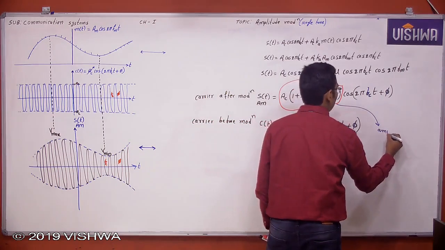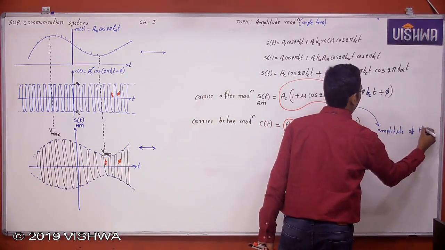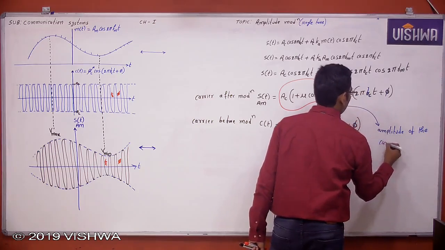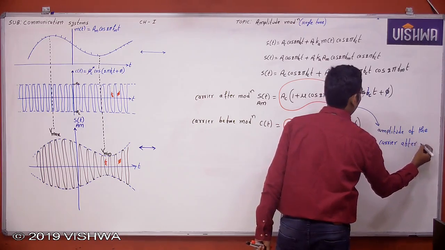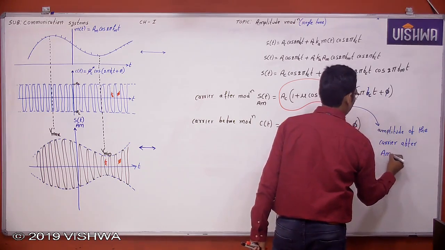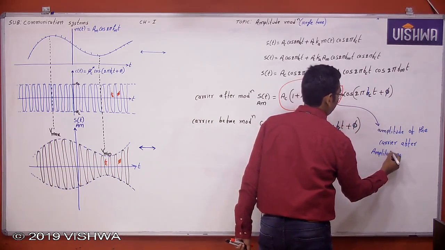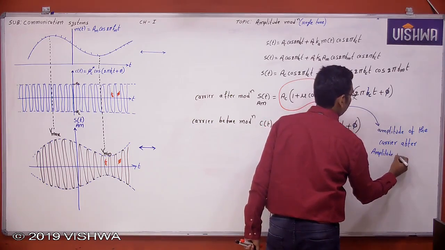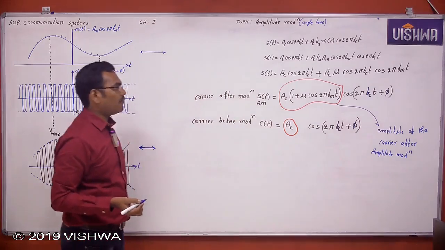Now this is the amplitude of the carrier after AM modulation.